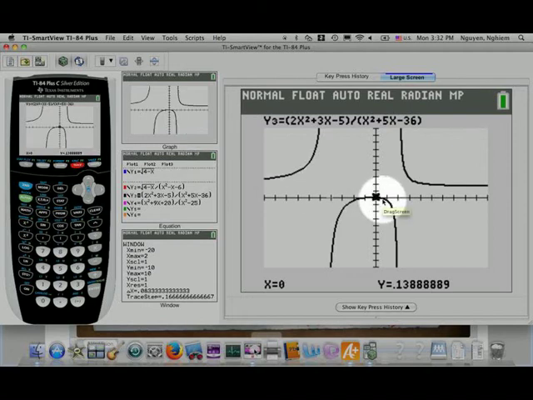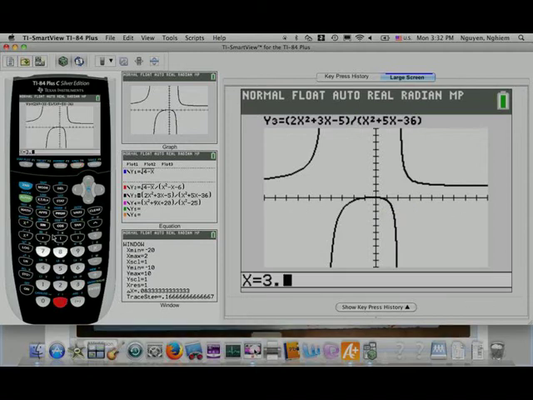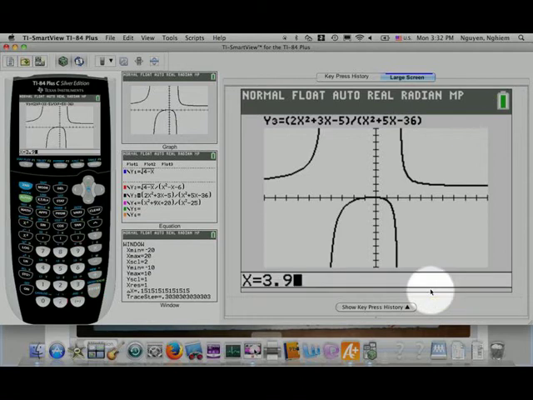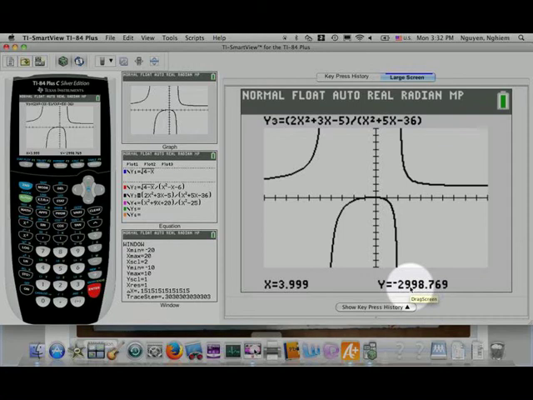So if I type in 3.9, you see it gives me -28.775. Let's try 3.999. I get an even bigger negative number. Let's go one more, 3.9999. And I get an even bigger number. And we can keep doing this.